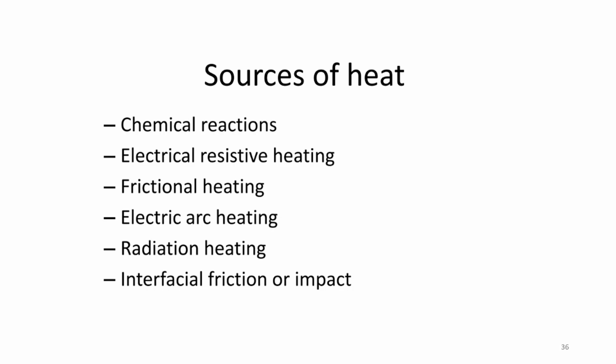Then electric arc heating, in the case of tungsten electrodes or the metal electrodes that are used. Then radiation heating: plasma and electron beam heating are all related to this. And then interfacial friction or impact.